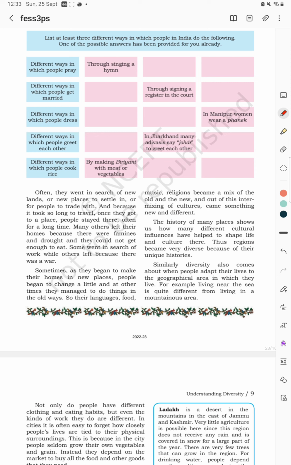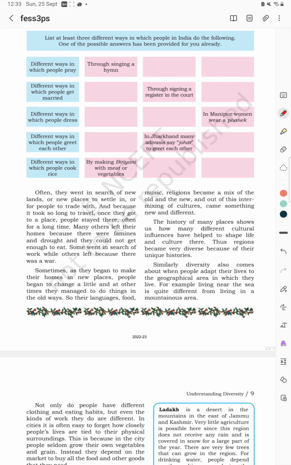While they stayed, many others left their homes because there were famines and droughts, and they could not get enough to eat. Some went in search of work, while others left because there was a war. Sometimes, as they began to make their homes in new places, people began to change a little, and at other times they managed to do things in their old ways.